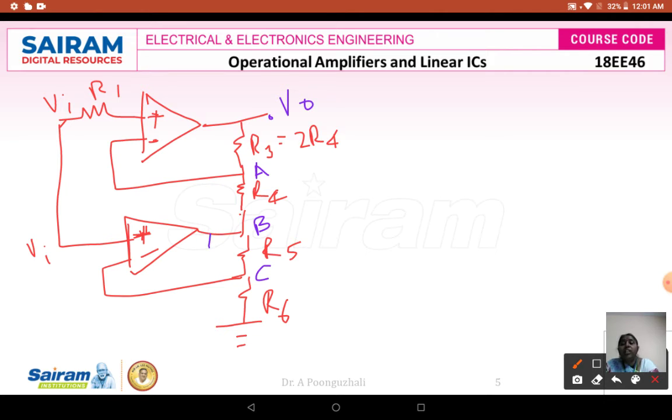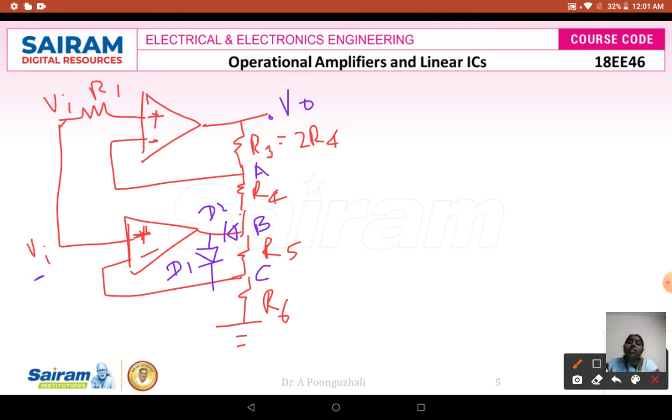I am going to have diodes present: this is diode D1, and this is your diode D2. Now during your negative cycle, what happens when my input is negative?